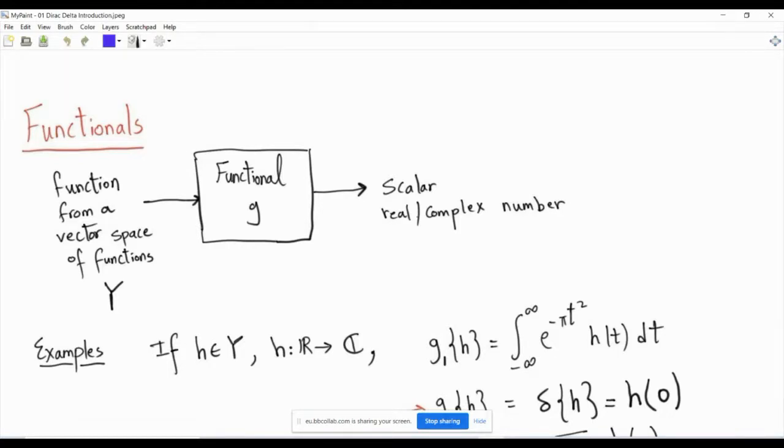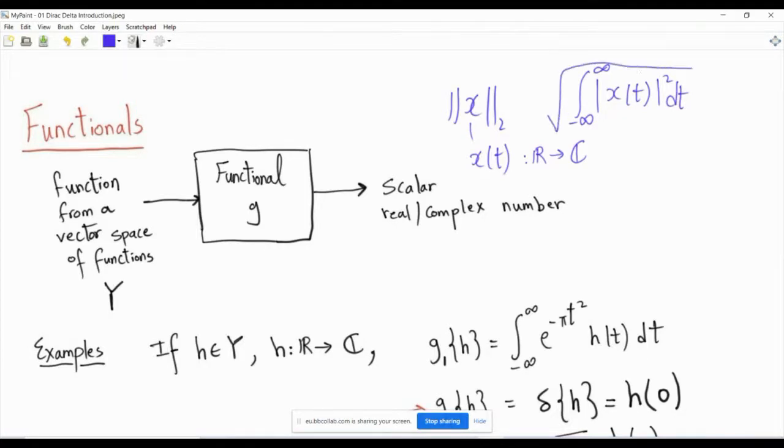An example of a functional, from the things that we have studied, is the norm. For example, if you have the norm of some signal x of t, which is a function from the set of real numbers, typically complex valued, the norm will take the magnitude squared, integrate from minus infinity to infinity, and take the square root.